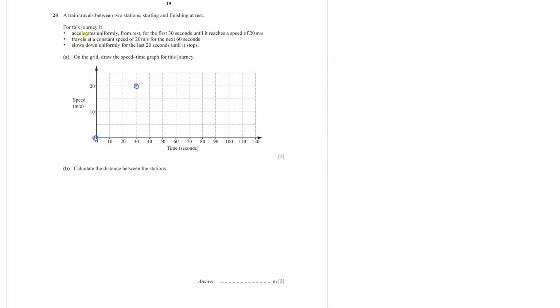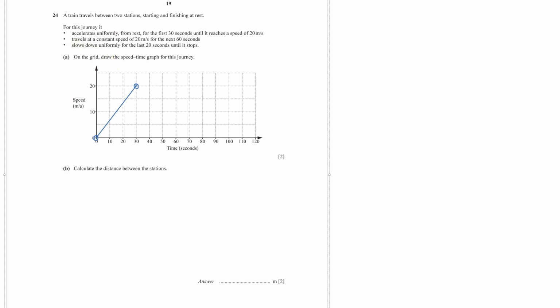And since it accelerates uniformly, that means the gradient of your speed time graph is constant throughout, which means it's a straight line. So let me connect this with a straight line from this point up till this point here. So this is a straight line because it accelerates uniformly, meaning the gradient is constant.